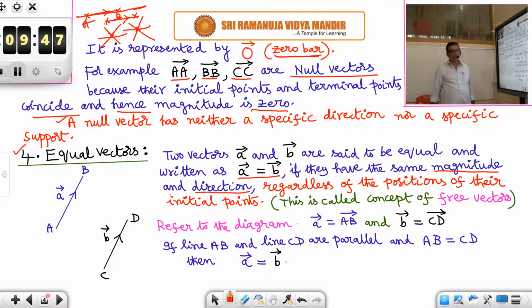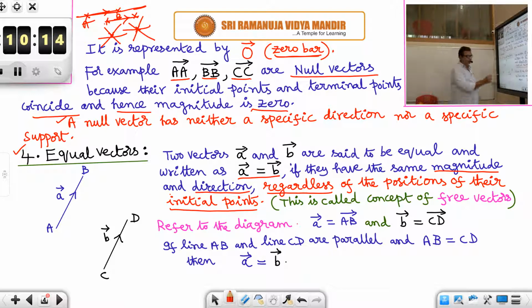For two vectors to be equal, their magnitudes should be equal, their directions also should be equal, regardless of, this is important, very, very important, regardless of the positions of their initial points. Wherever their initial points may be, that does not matter. But only their length should be equal, their direction should be equal.